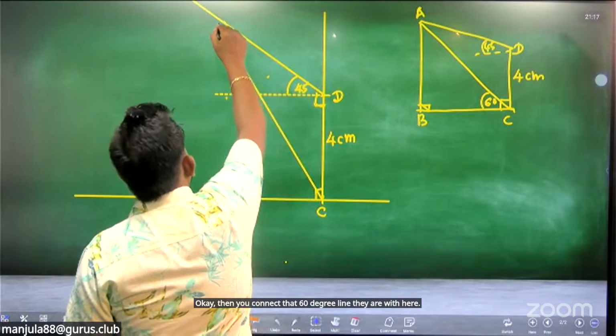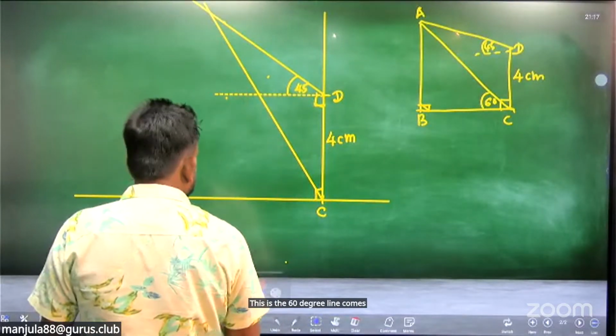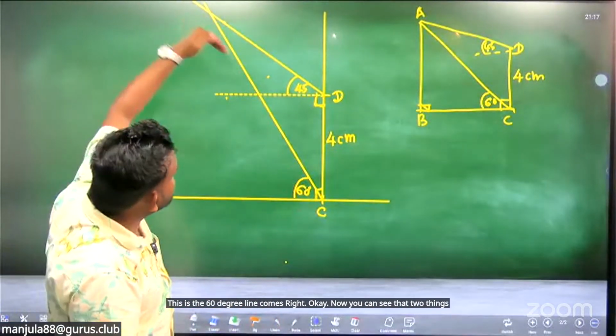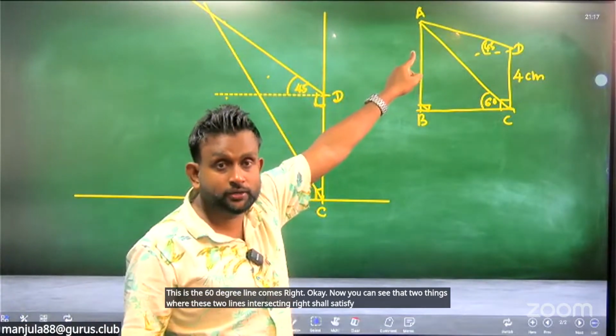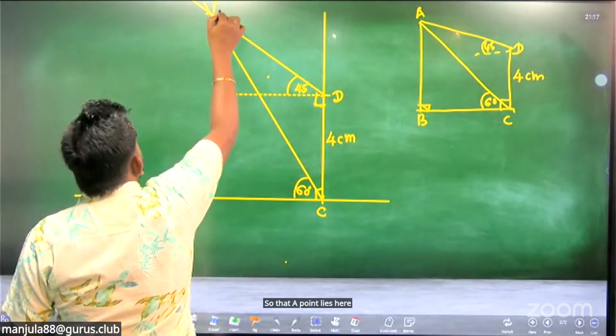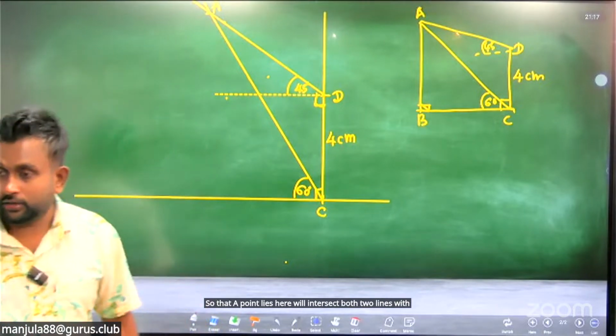Now you can see where these two lines intersect, that satisfies point A. So point A lies here, where both lines intersect with the given angles.